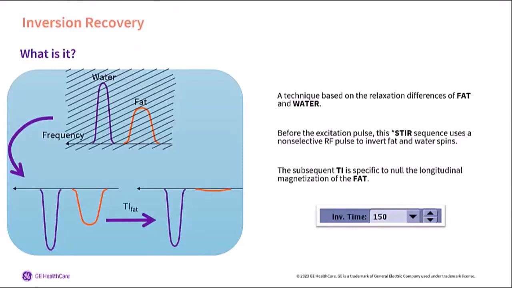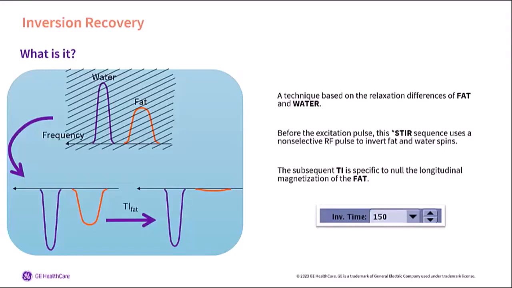The tissues perform T1 relaxation. The longitudinal magnetization of fat recovers faster than that of water and crosses the zero line, so the no net magnetization, after an inversion time. The application of a 90-degree excitation pulse at the time a fat signal crosses the null line produces a fat-free signal image.